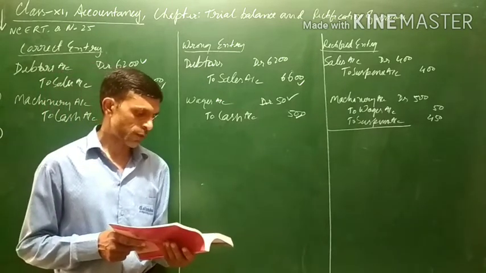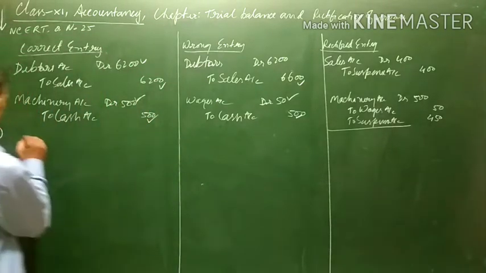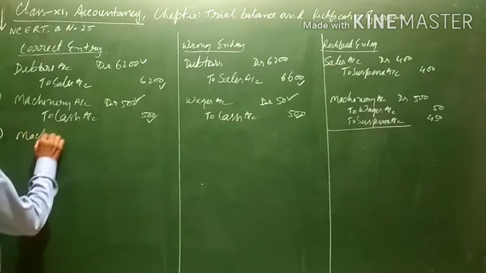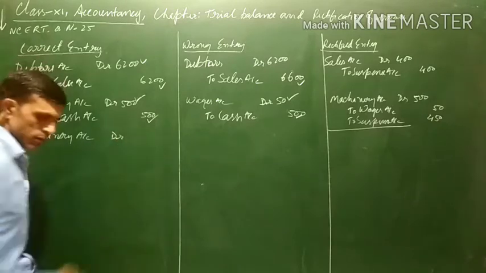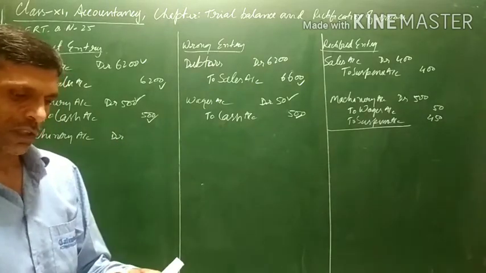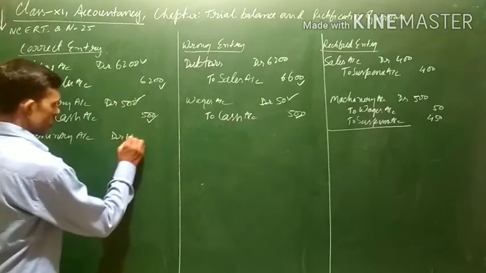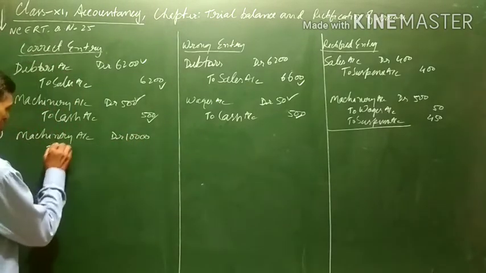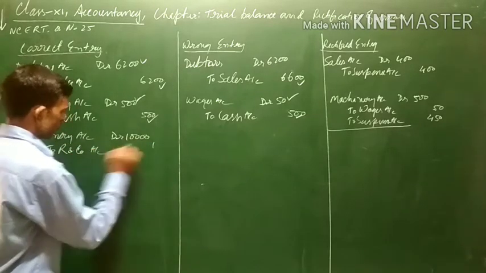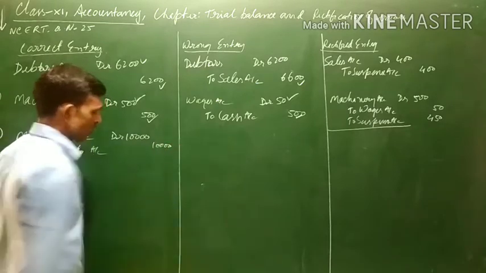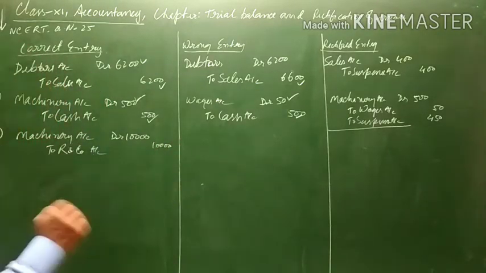Now when a machine is purchased, the entry will be machinery account debit 10,000 to R&R company account, on credit. This is the correct entry: the machine has been purchased from R&R company for 10,000.